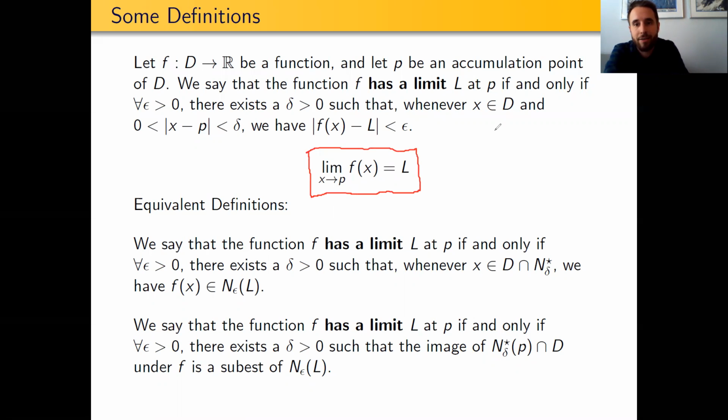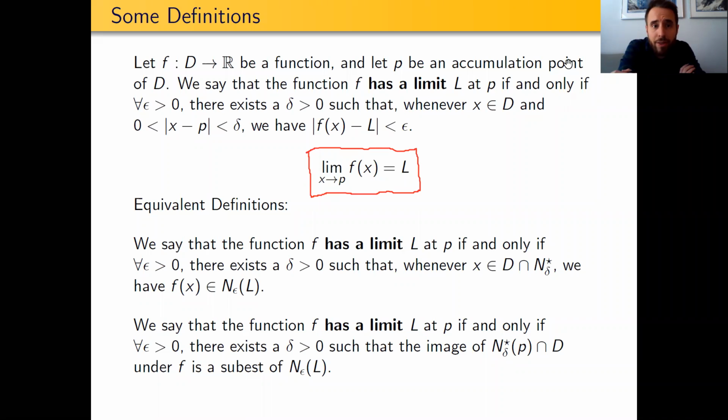We will always start with the setup in which we have a function from some domain into the real numbers. We have a point P that we'll be talking about. This is an accumulation point of the domain. It's possibly in the domain, but at least it's an accumulation point of the domain as a set.